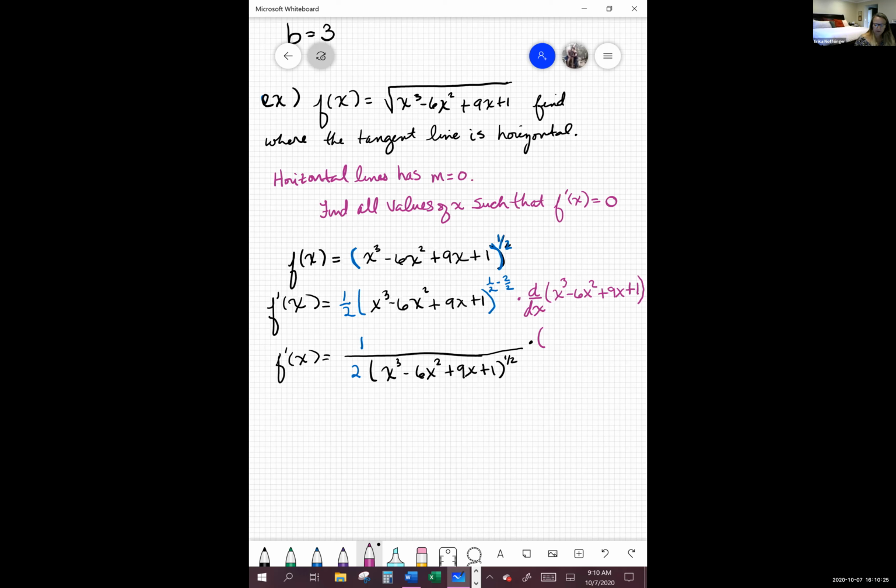So derivative of x cubed is 3x squared, minus the derivative of 6x squared is 12x, plus the derivative of 9x is 9, and the derivative of 1 is 0.